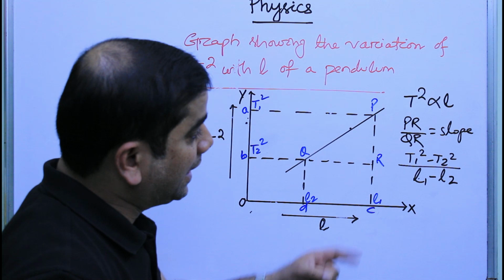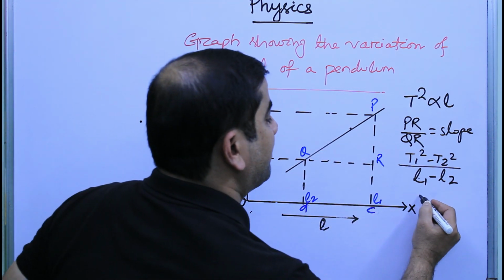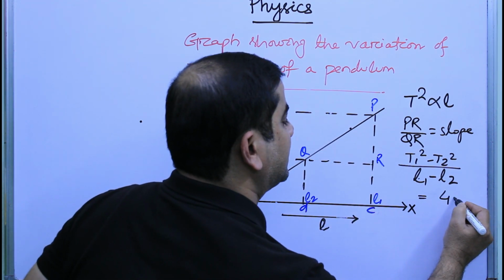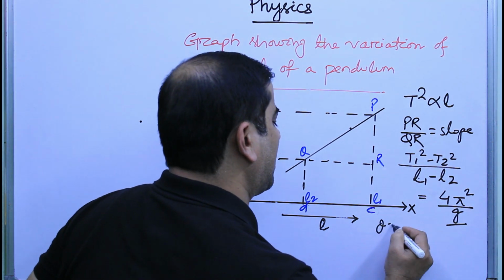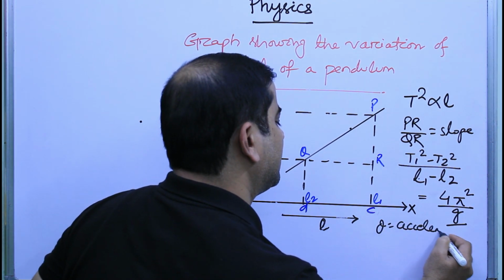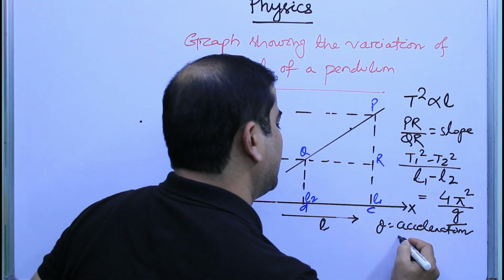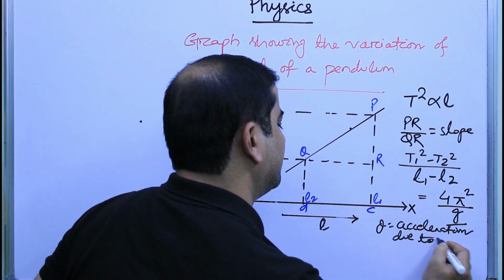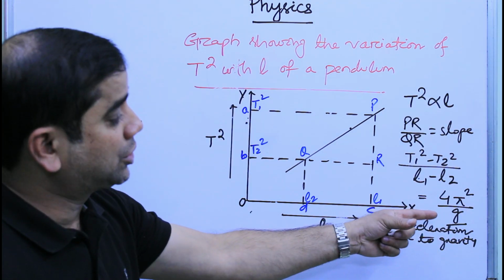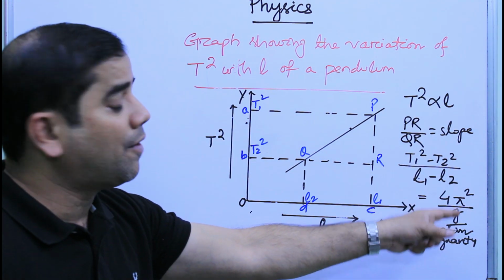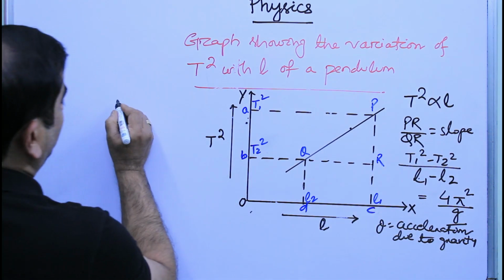So when we calculate the slope, it gives us a constant value that is equal to 4 pi square divided by g, where g is nothing but the acceleration due to gravity. Okay, so from this equation we can get the value of acceleration due to gravity.